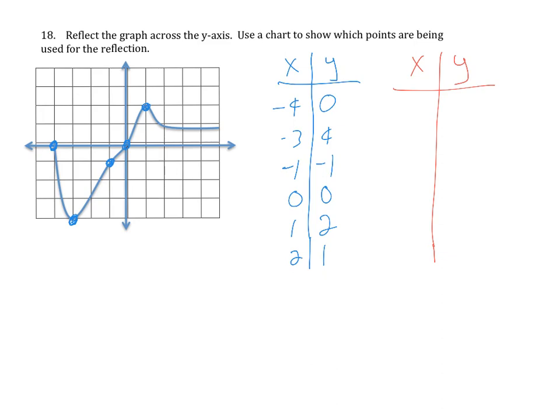So we will get positive 4, 0, positive 3, 4, positive 1, negative 1, 0, 0 just stays, negative 1, 2, negative 2, 1. We plot these guys, 1, 2, 3, 4. Oh, sorry, this was negative 4. My bad.